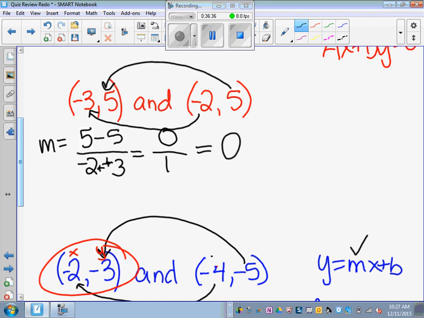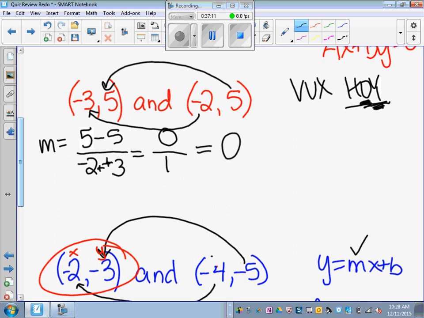Okay, so what type of graphs have a slope of 0? Think back to horizontal lines. Horizontal lines have a slope of 0, which means my equation is y equals.